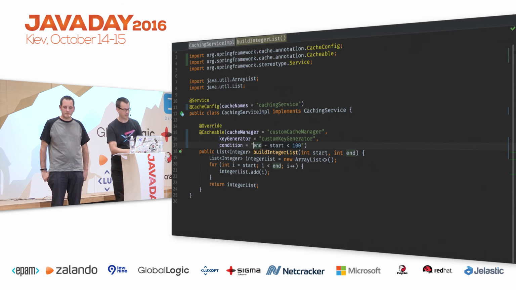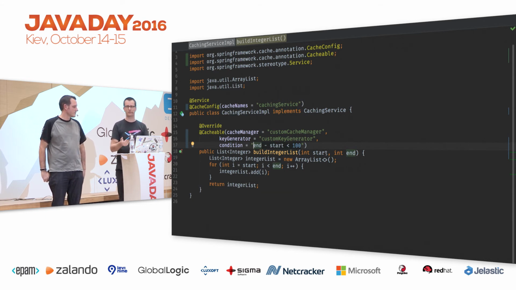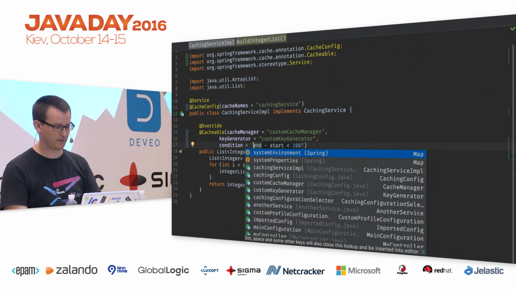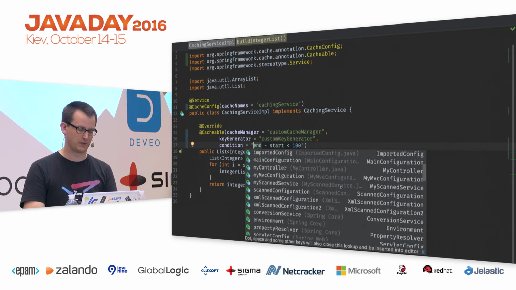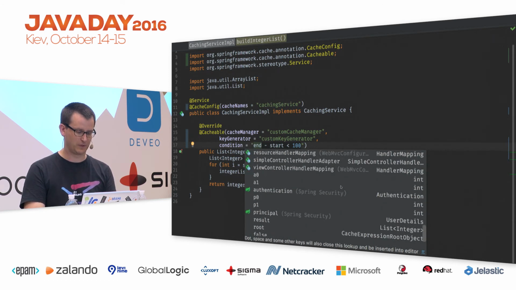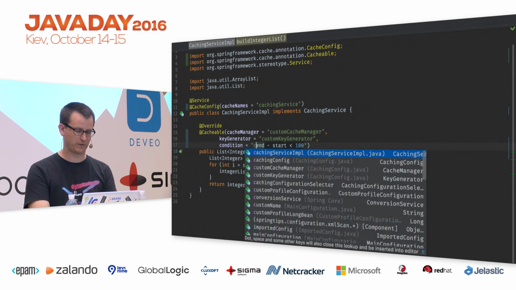And the nice thing is that the SpEL support really is context dependent. So in this case, the caching framework offers us a huge list of predefined stuff we can refer to. For example, we have all these things here like beans and stuff.